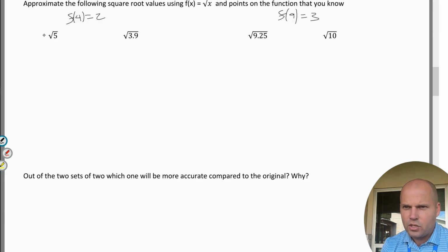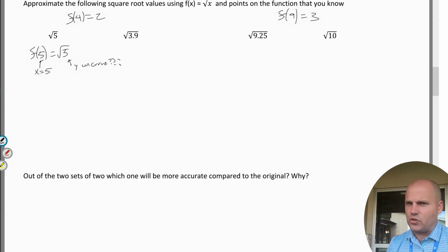So here's the key to these questions. What is root 5? Well, that is the y value that I'm trying to approximate when x is 5. This is the y on the curve that I have no idea what is equal to. Many students make mistakes with this problem because I'm giving you the y value and you decide to use it. But no. We have this point (4, 2).